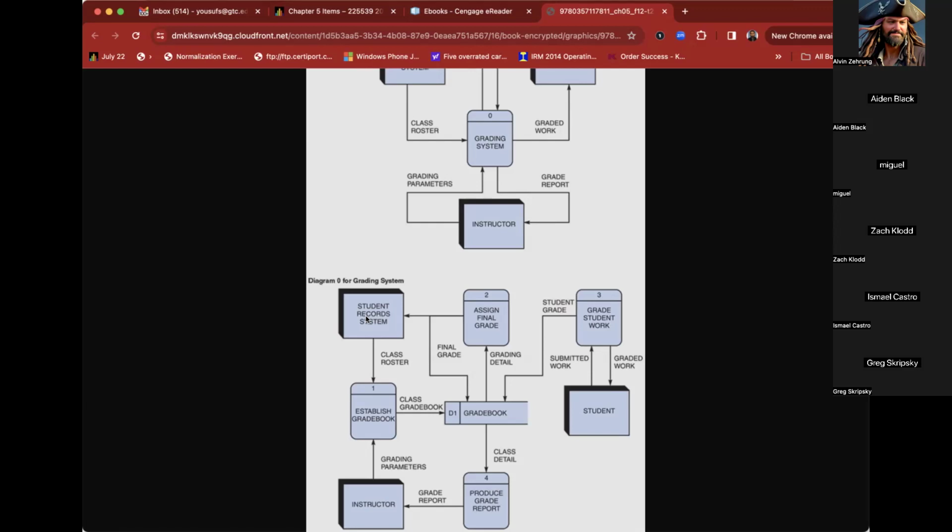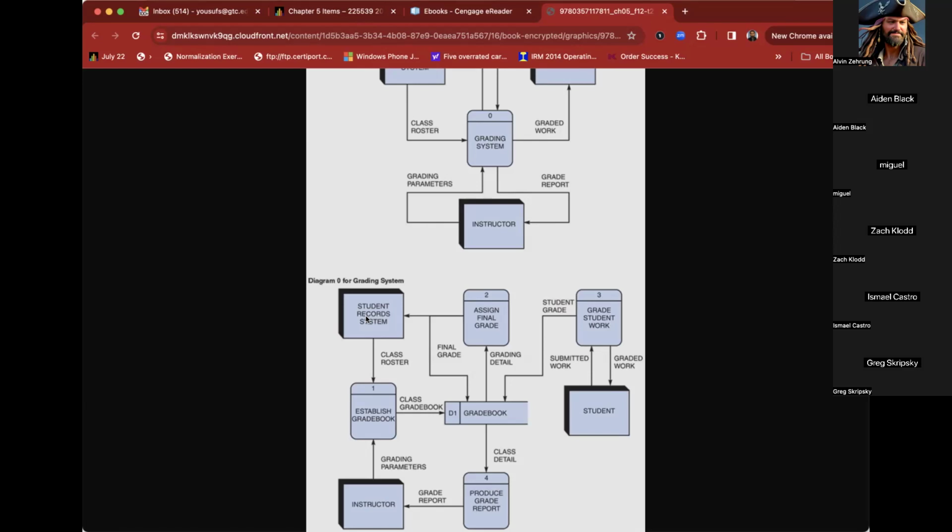So where is establish gradebook taking this information? Whatever it receives from the outside, it pushes into the gradebook. What does the gradebook do with it? The gradebook allows assign final grade to receive the grading details, and assign final grade can also push the final grade into the gradebook.